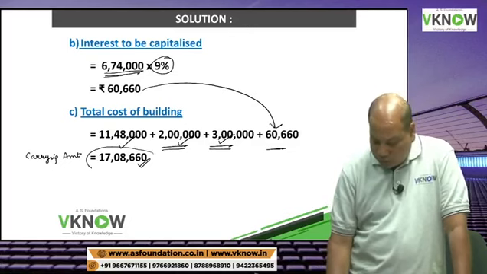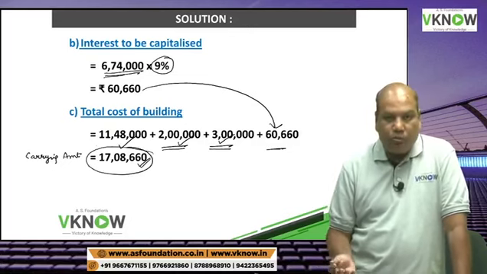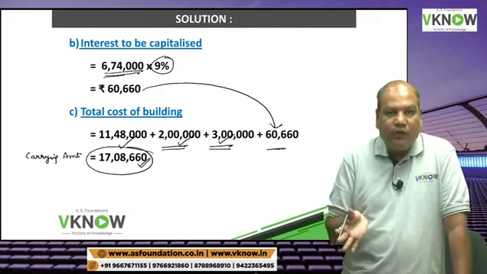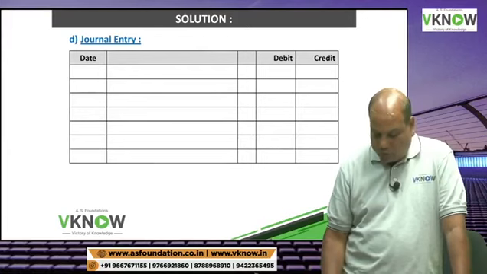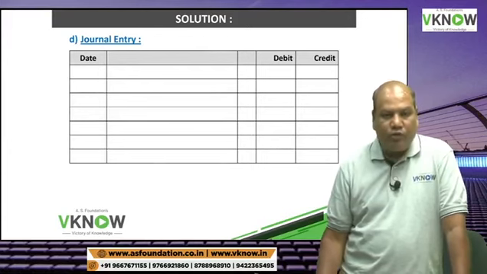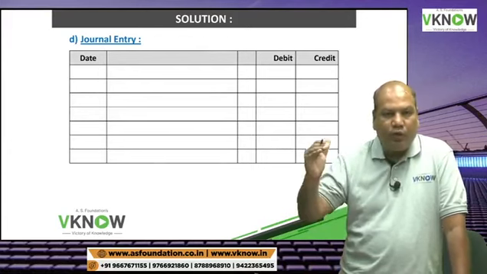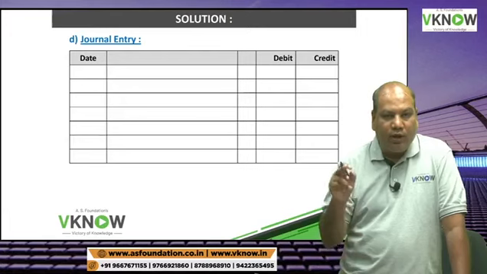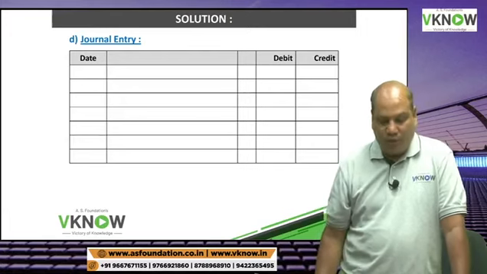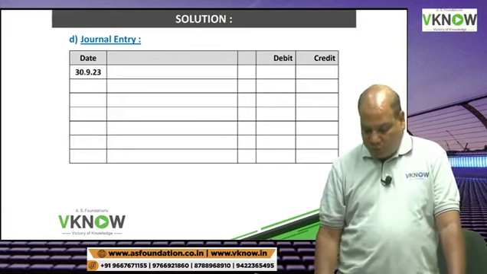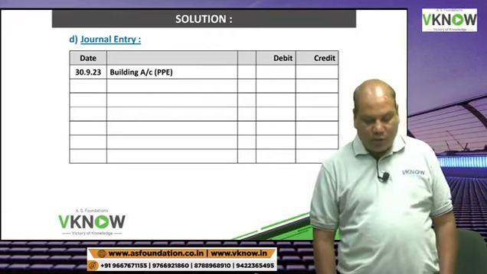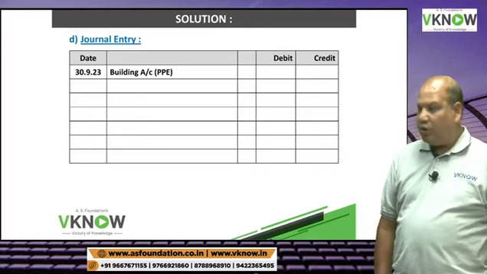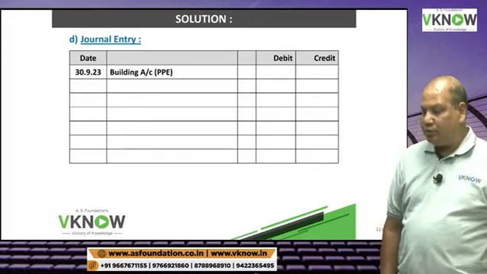So some write down will be required because the carrying amount has exceeded the recoverable amount. So write down journal entry, and in journal entry we will pass an entry for writing down the carrying amount of this building. So entry would be on 30th September 23, format of journal, date, particulars, debit, credit.